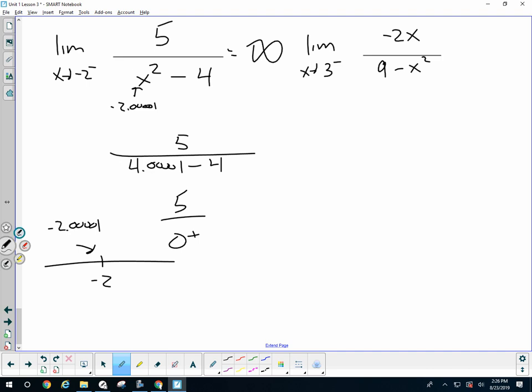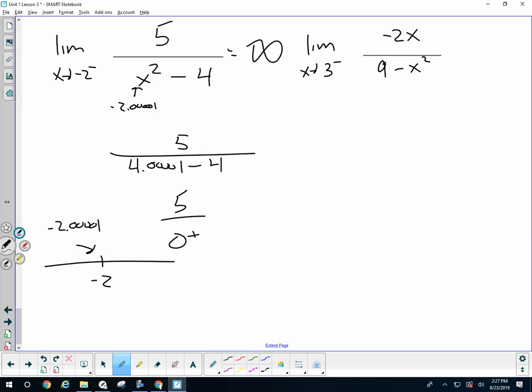Last one, do the one on the right. Check your answer with the neighbor. Number less than 3 is 2.999.